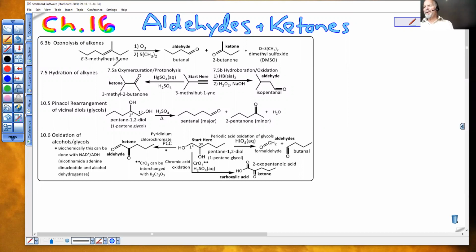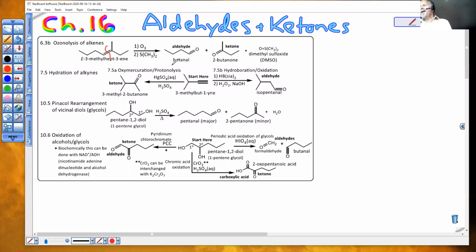And just a reminder here of what happens. You're going to cut the pi bond in half and you're going to get a carbonyl on each side. It was found in 6.3b using ozone followed by dimethyl sulfide.